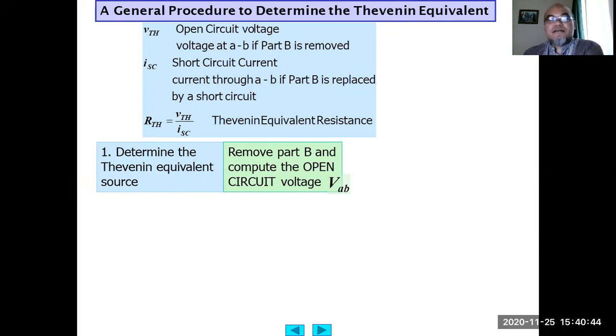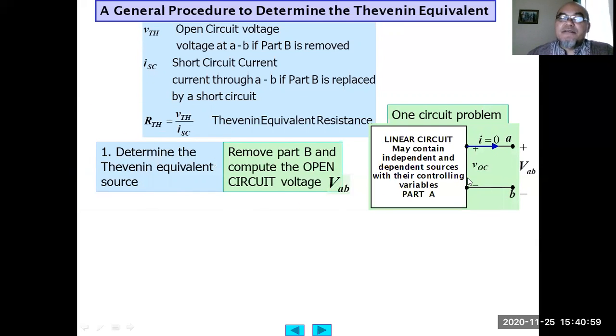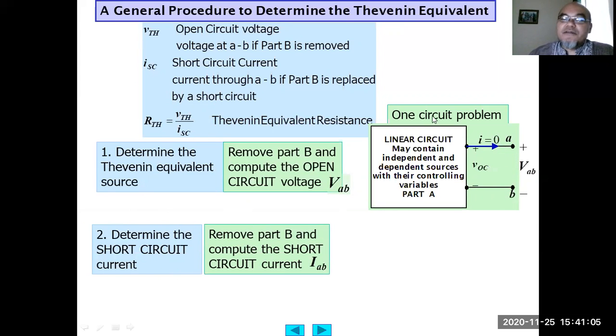So first, determine the Thevenin equivalent source by removing part B at the terminal, making it open circuit, and determine the voltage at those two terminals, voltage VAB, which becomes V open circuit. Okay, that's VAB. Then number two, we short circuit that AB terminal.